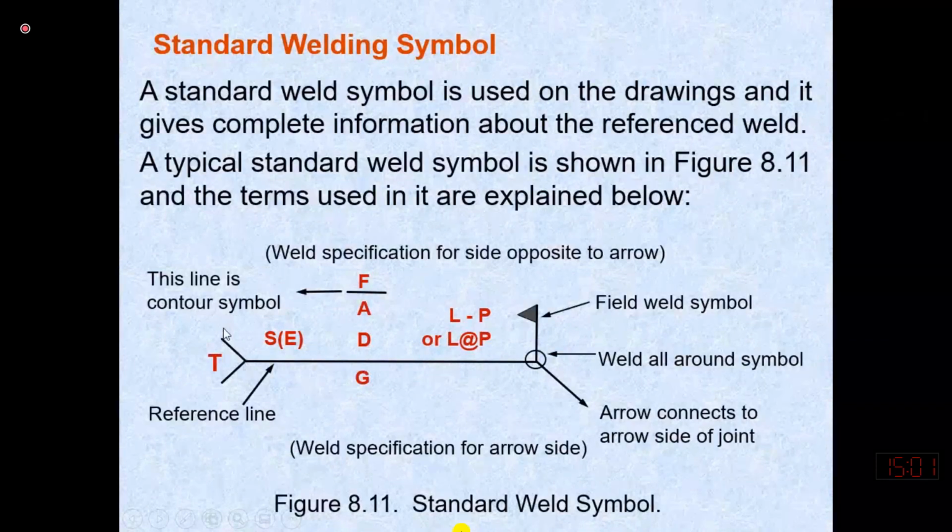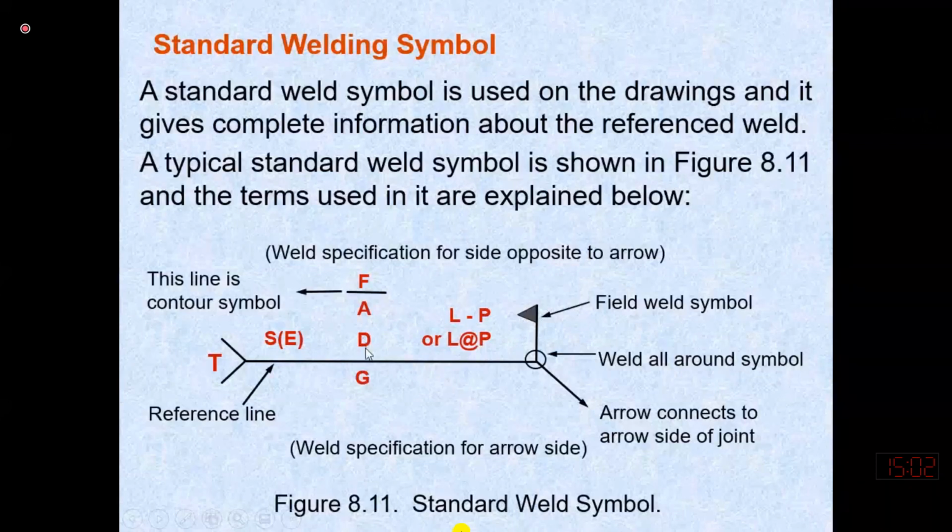Sometimes we use this tail, but most of the time we do not. So at this joint, if we show the circle, it shows that we need to weld this surface which the arrow is pointing to from all around. If this flag is there, it shows that we need to carry out the welding in the field.